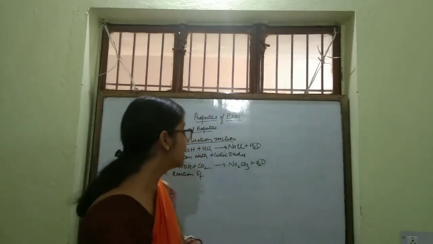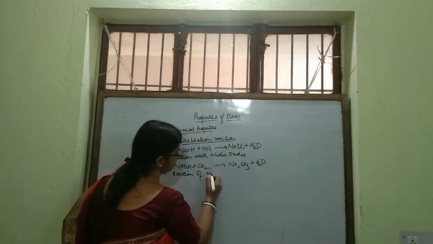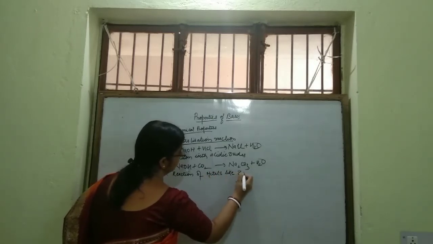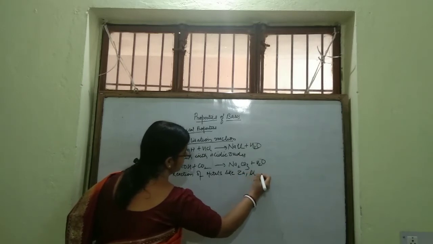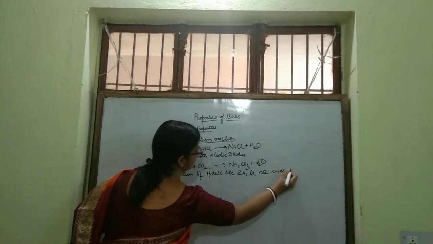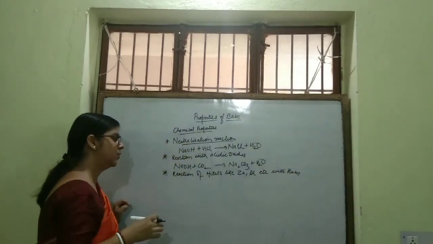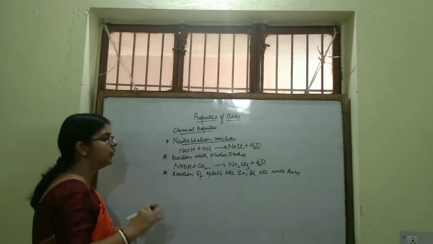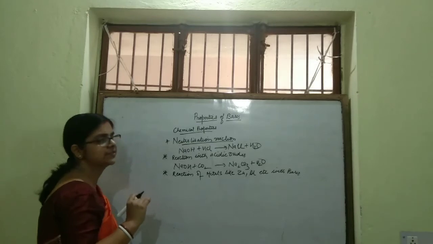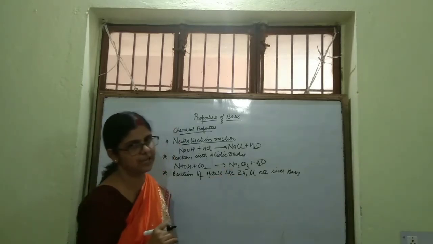So, here I am taking reaction of certain metals like zinc, aluminium, etc. with bases. What I told, this zinc and aluminium react with acid as well as base, and their oxides also react with acid as well as base.